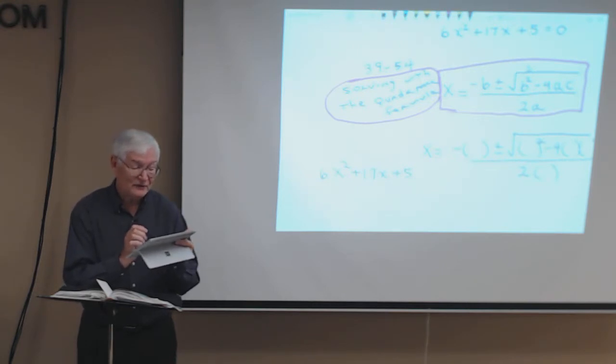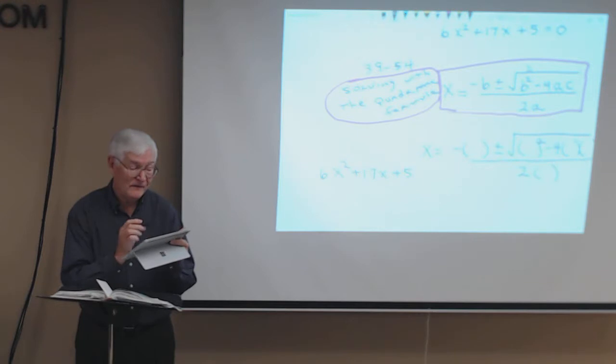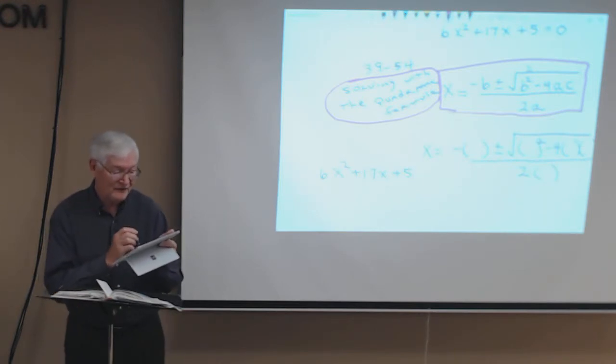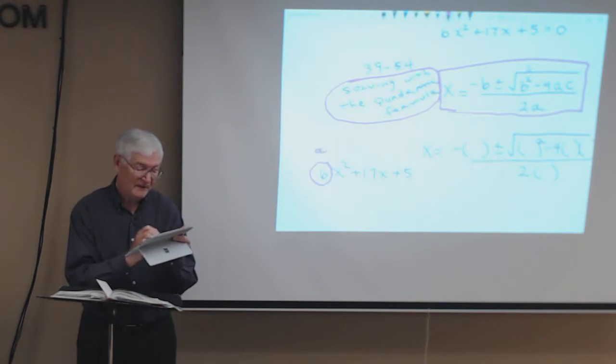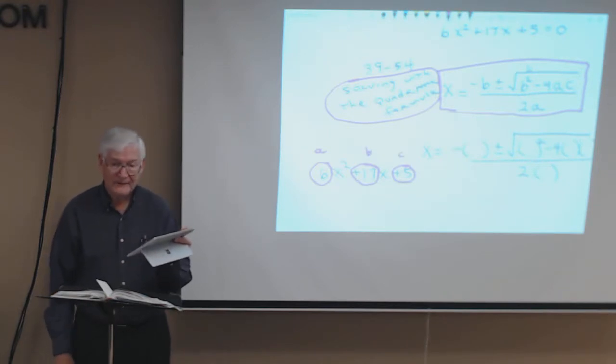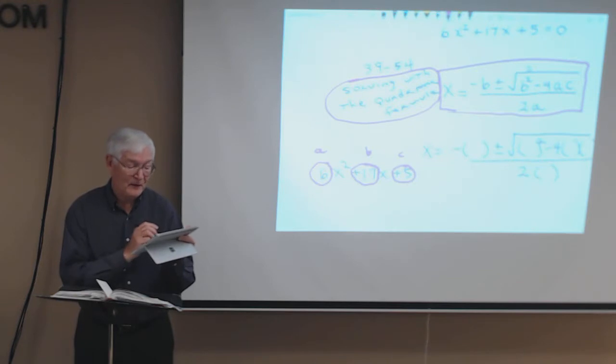Okay, now did you catch that you got the quadratic formula written down? You need one more piece of information. This is A, this is B, and this is C. Every time you label those parts. So what goes in this first space here? B, 17.